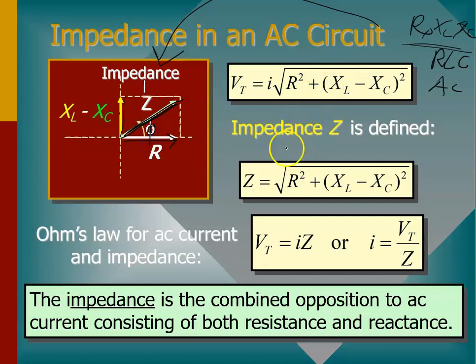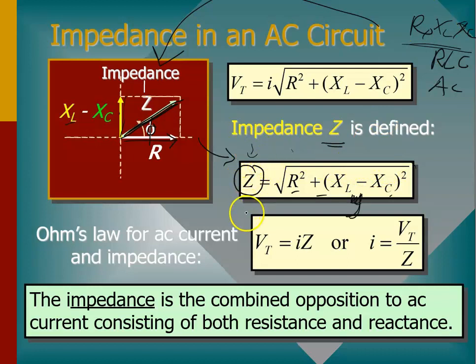So to find impedance, the equation is this one, because this is the equation to find the hypotenuse in a triangle. Impedance is symbolized as Z, capital letter Z, which is the square root of R squared plus the y-axis squared. The y-axis here consists of XL minus XC. Square root everything and you will get the impedance.